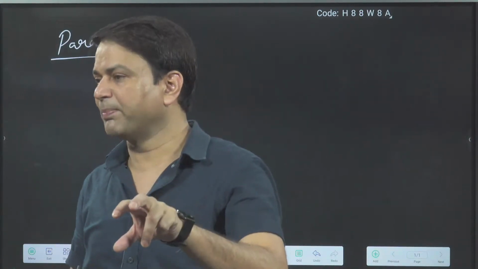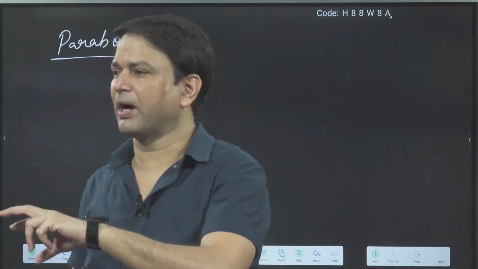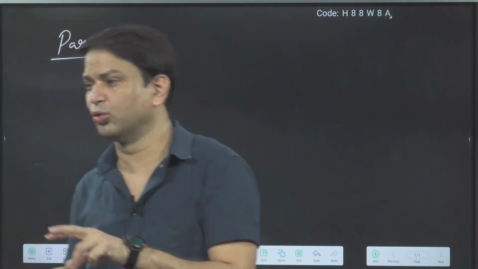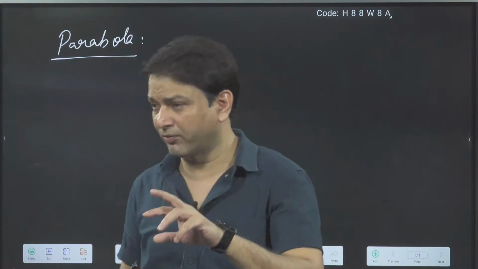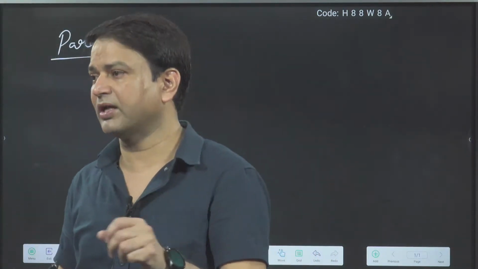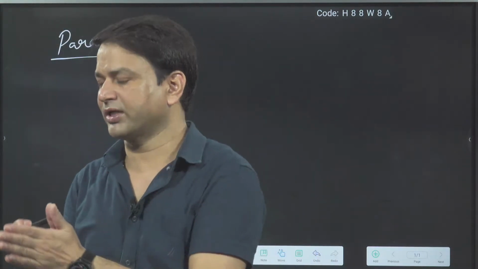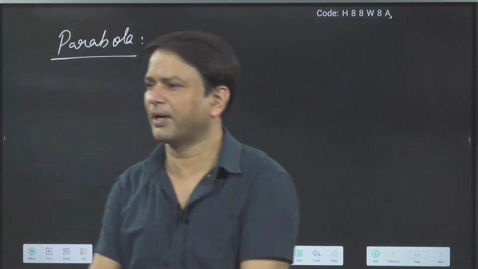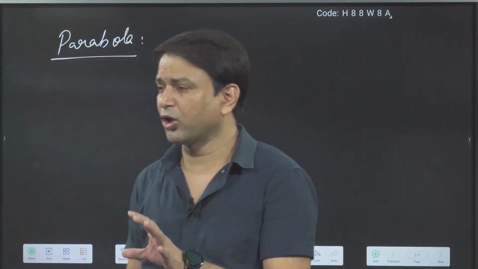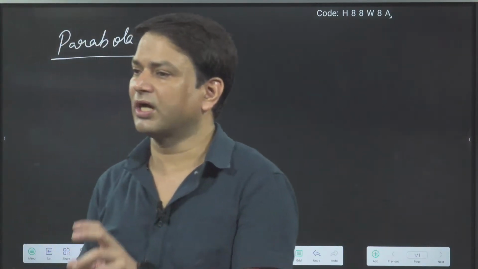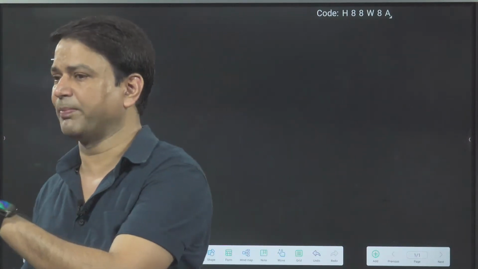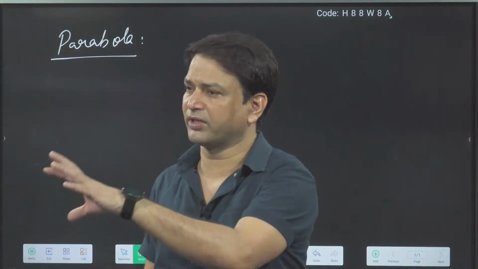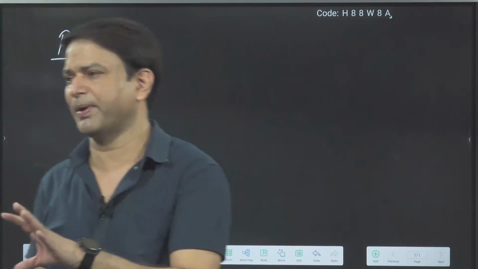If one variable's power is 1 and the other variable's power is 2, like x to the power 1, y to the power 2, or y to the power 1, x to the power 2, then the equation will be a parabola, and the graph will be parabolic. Everybody got it or not? So on the basis of the equation, if one variable's power is 1 and the other's is 2, then the equation will be a parabola.